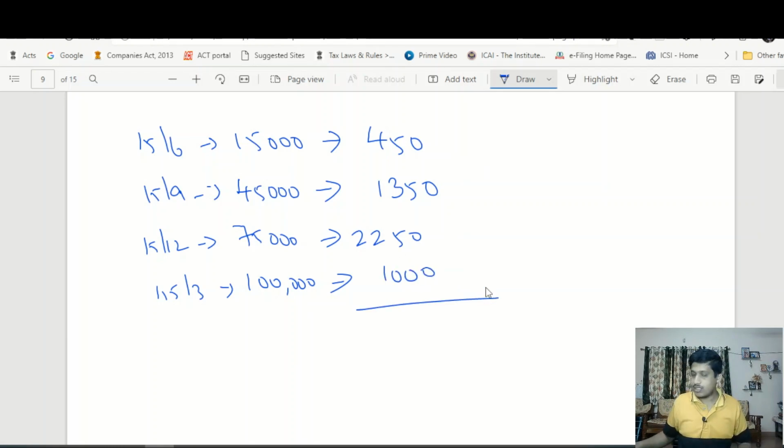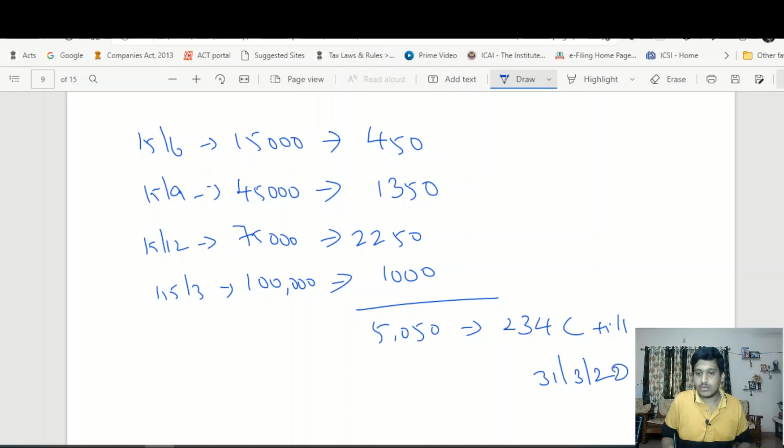So the total interest on the shortfall amount comes to 5,050 rupees under section 234C till 31st of March 2022.